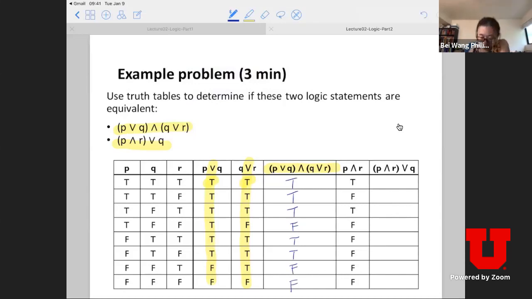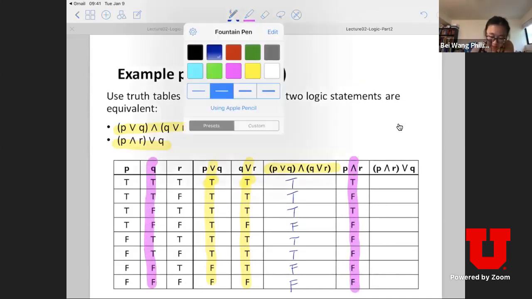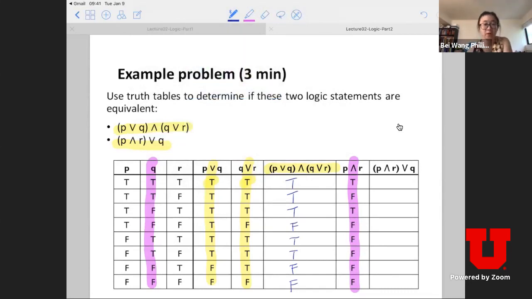Okay. Now, in order for me to judge the last column, I only need to focus on this pink column and the second column. Again, this is an OR operation, which means it's true when at least one of them is true. So the first row, I have true or true, that's true. Second row, true or false is true.